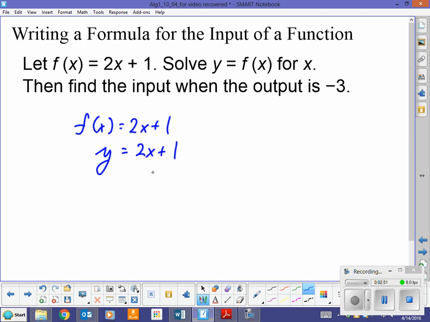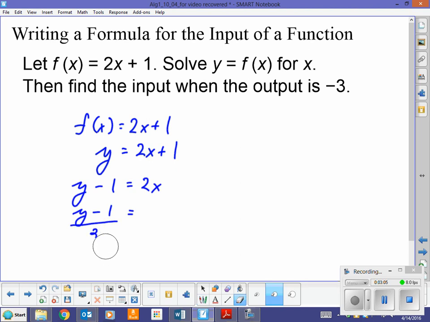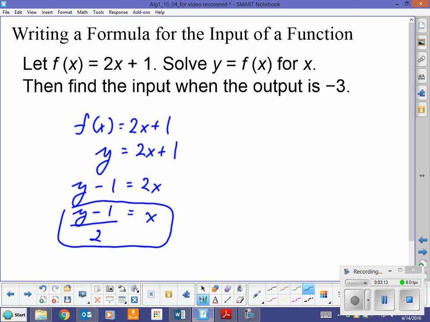This is pretty straightforward. If I subtract 1 from both sides, I'll have y minus 1 equals 2x. And then dividing both sides by 2, y minus 1 all over 2 equals x. Okay, so this is my inverse function.